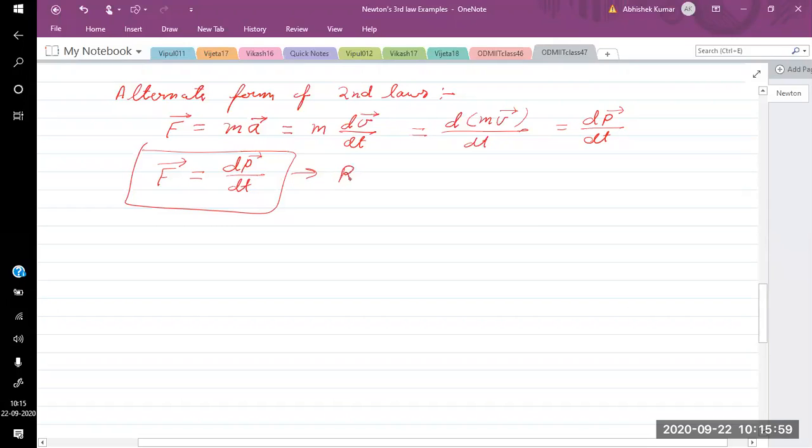So we can write it as the rate of change of momentum of an object.